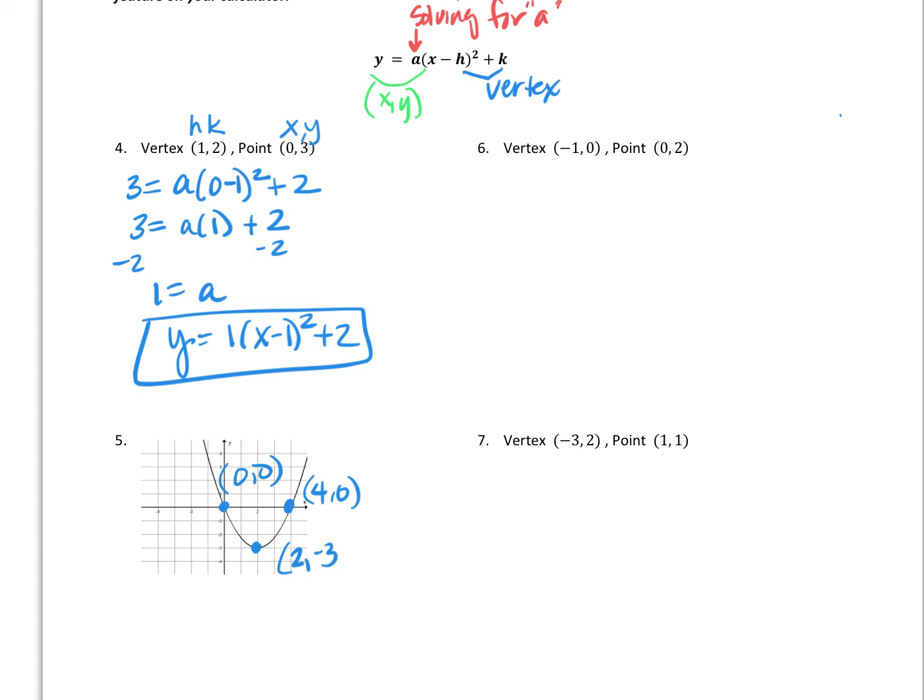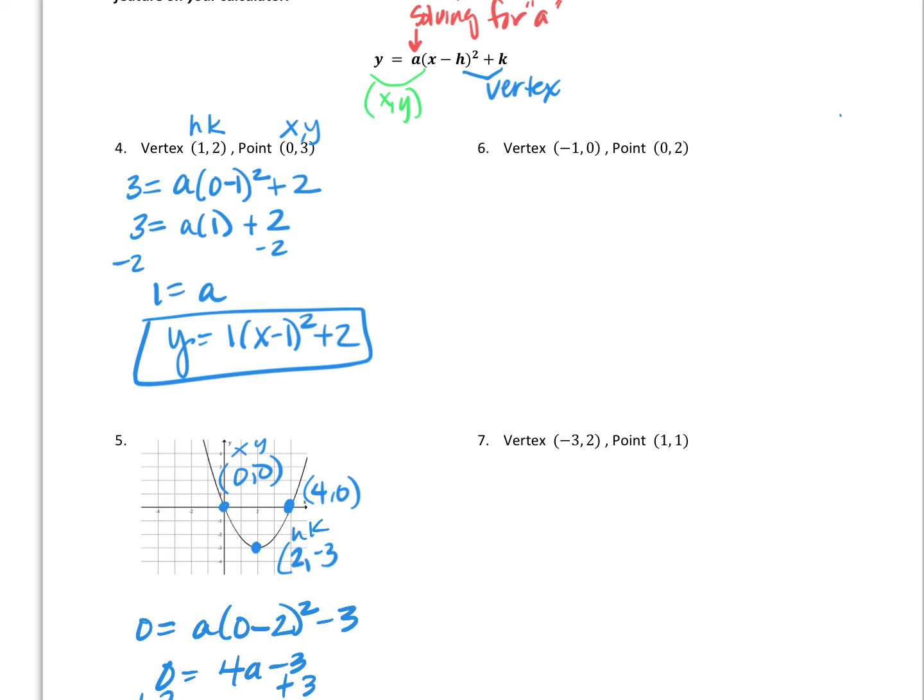So let's solve this. If this is my x and my y, and this is h and k, then 0 equals a times x minus h squared plus k, but k is negative. So 0 equals 4a minus 3.